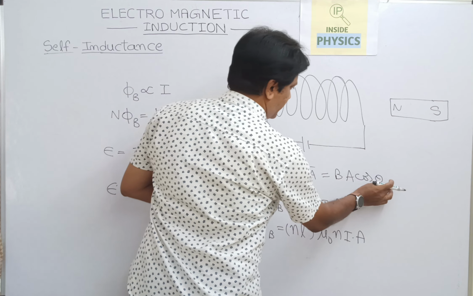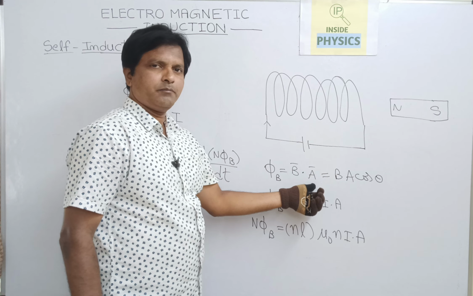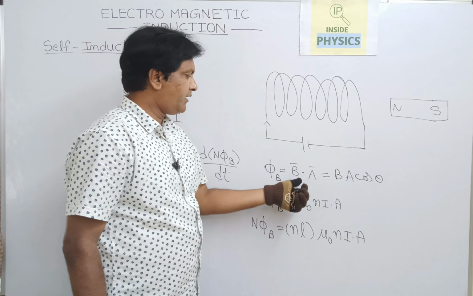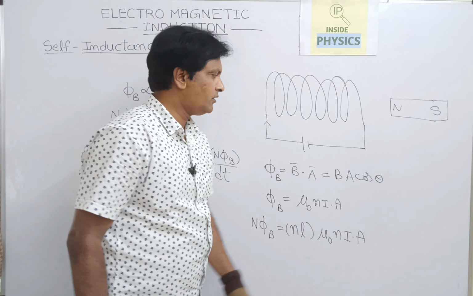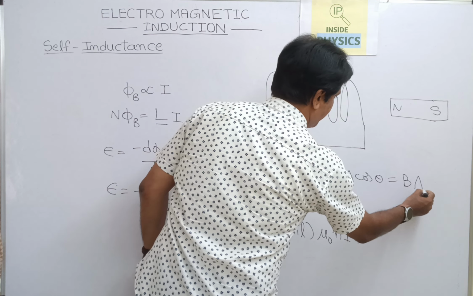So the theta between the direction of the area of the coil and the magnetic induction will be 0. Here we can take it as BA.